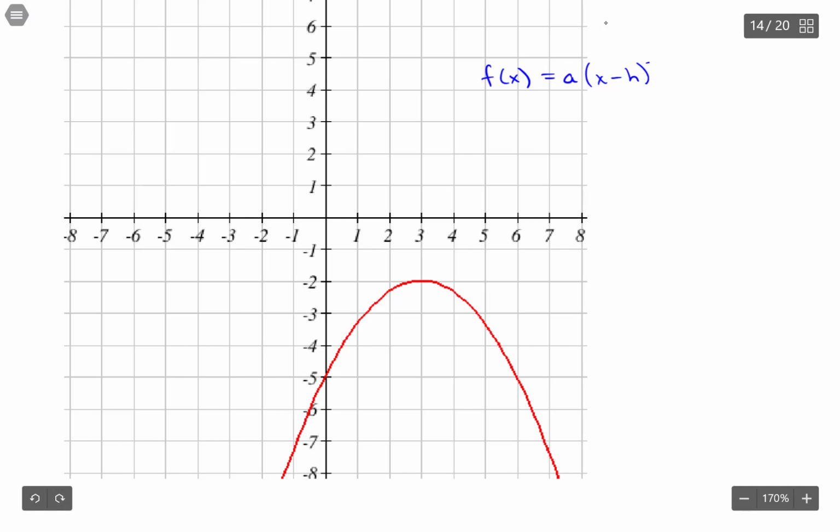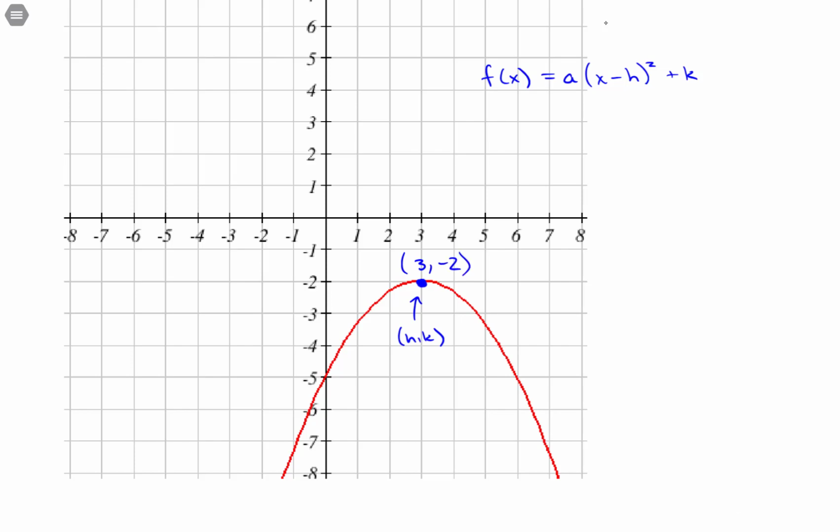So a times the quantity x minus h squared plus k, because the vertex of a parabola locates the coordinates h, k. So in this case, those coordinates are at 3 on the x and -2 on the y. So that already gives us a point that exists on the parabola.